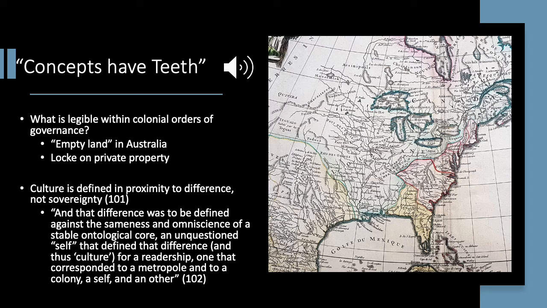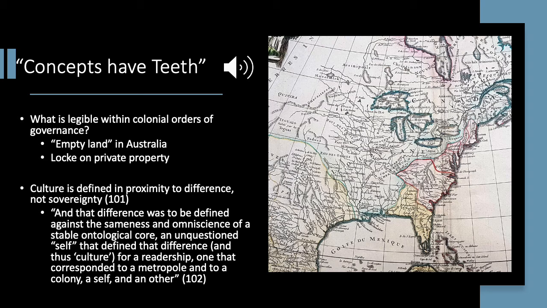Now, I'll come back to this in a minute, right? But when I say any civilized society for Locke had this concept of private property, the other side is that savages, primitives, did not have this concept of private property. So this concept of private property and labor actually opens up indigenous landscapes for dispossession in a material way, in a violent way. So concepts have teeth.